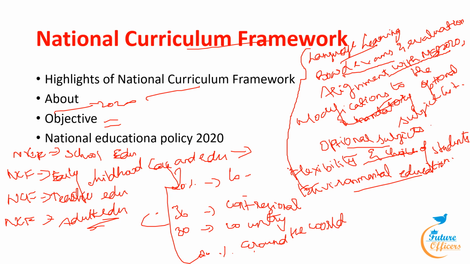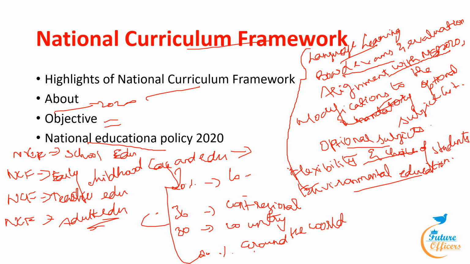Now we have to know what National Education Policy is. It is nothing but a comprehensive framework for education reform in India. This was approved in 2020 with the goal of bringing about major changes to the country's educational system by offering a multidisciplinary and holistic approach to education.